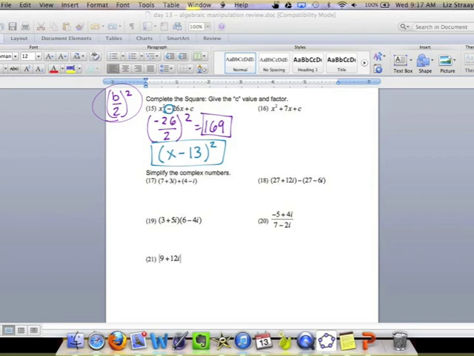For number 16, 7 over 2 squared. If the problem does not start with decimals, we don't want to introduce decimals to it. So when we square a fraction, we just square the top and square the bottom. So our C value is 49 over 4.